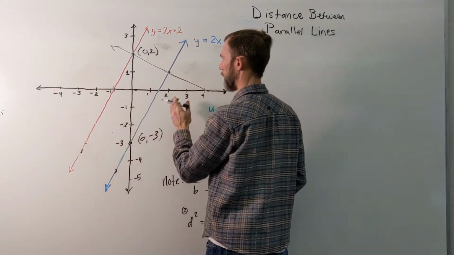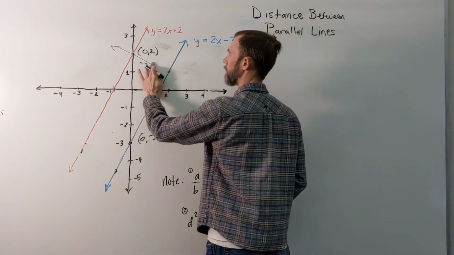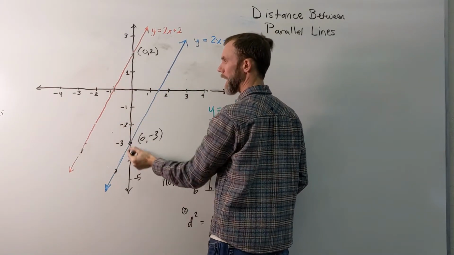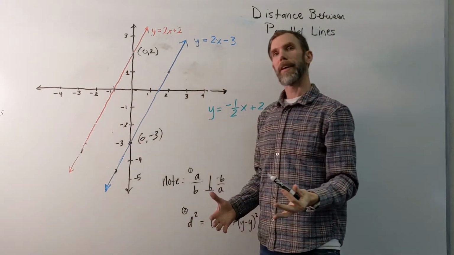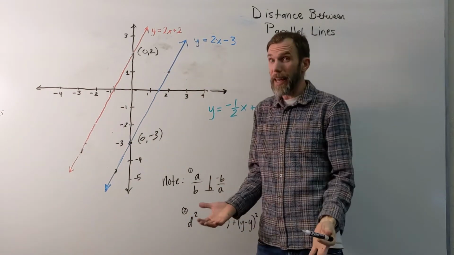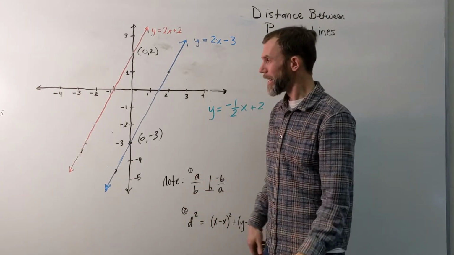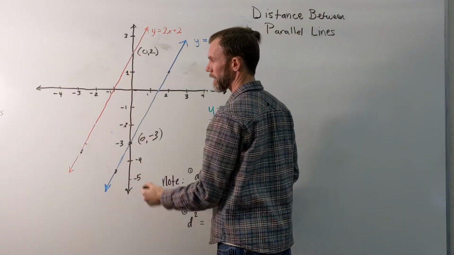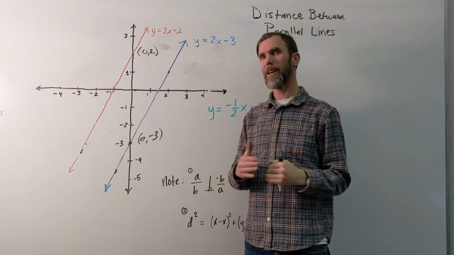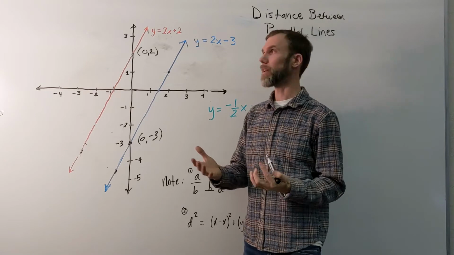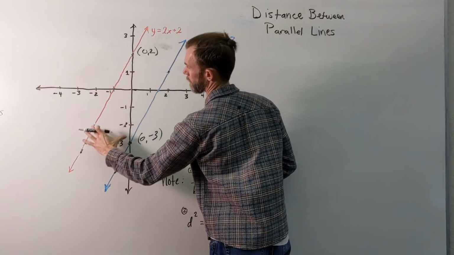Another thing I see is when they have this and I ask for the distance, some people just count down. The distance is 1, 2, 3, 4, 5. That is a distance between the lines, but the problem is that's not the shortest distance. When we say distance between parallel lines, we really do mean the shortest distance. That's here, here, here, and here.